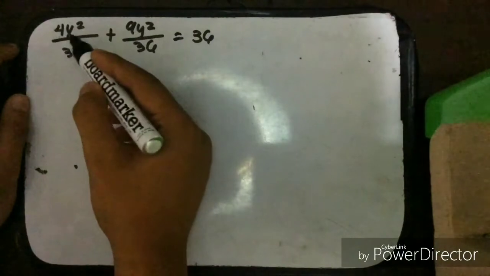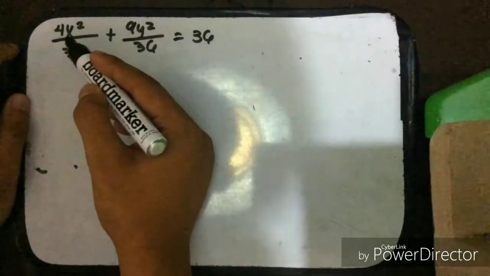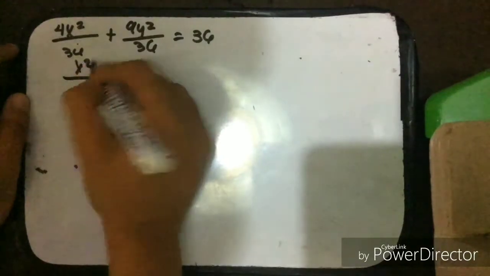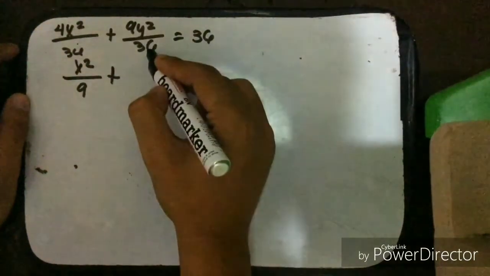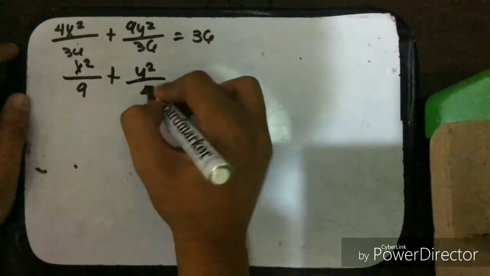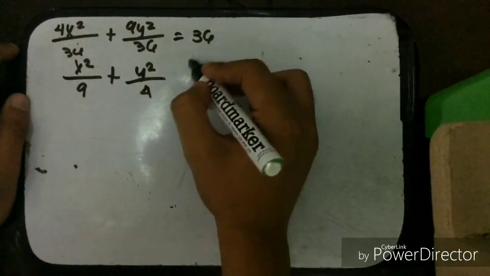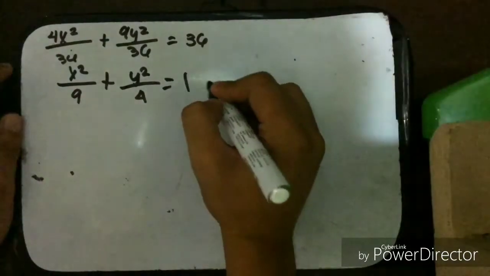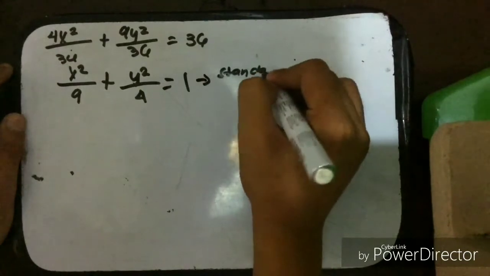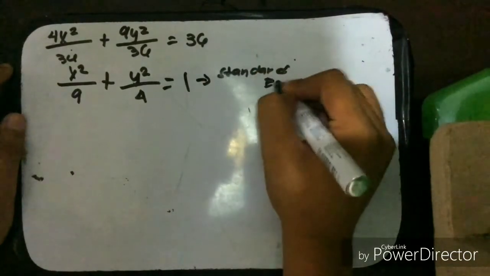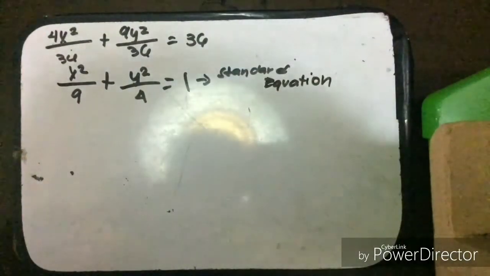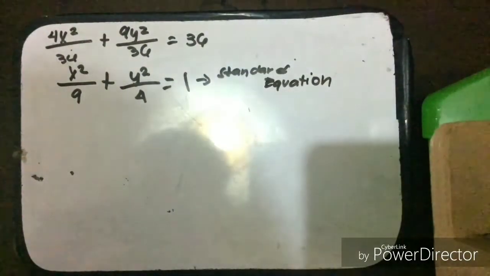So 36 divided by 4 is equal to 9, plus 36 divided by 9 is equal to 4. So 36 divided by 36 is equal to 1. So this is the sample equation for the standard equation.